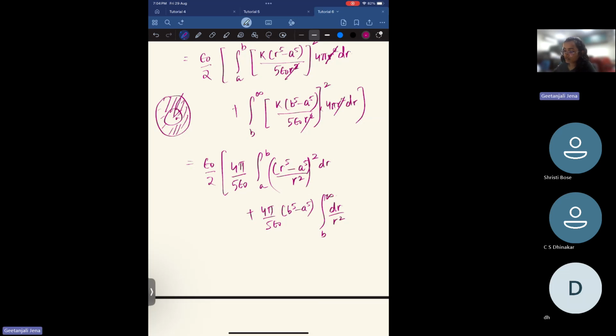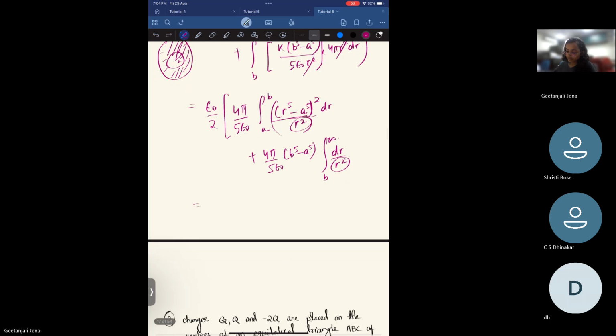So just do the integration. I think you can easily find out. So you will get the answer, right? I forgot one r square in the denominator. 5 a square by 55 epsilon naught, 5 a to the 4 minus 9 a to the 5 b to the 4.